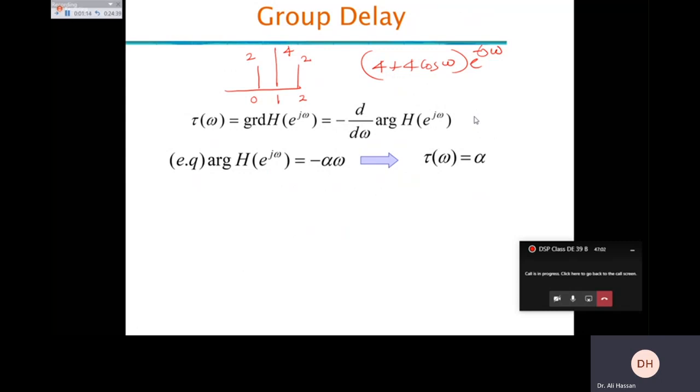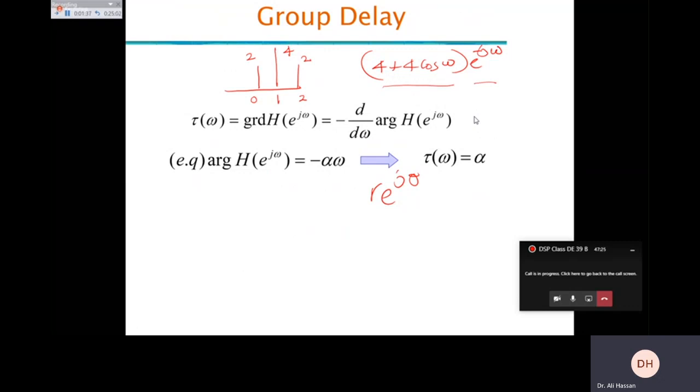And once you shift it in time, now you have a term where this is all real, so it is in the classical R exponential j theta form, where you find the magnitude as an even function of frequency, and then you find the phase appearing as the amount of shift.